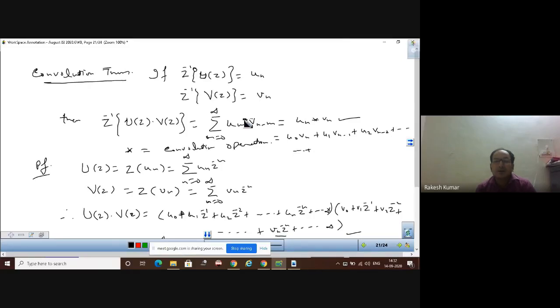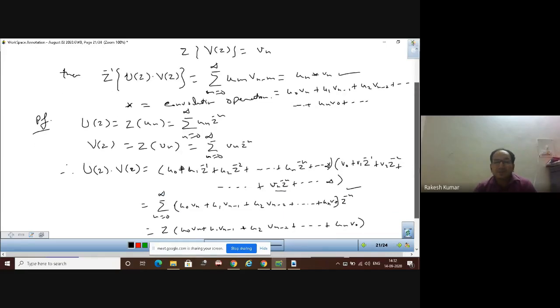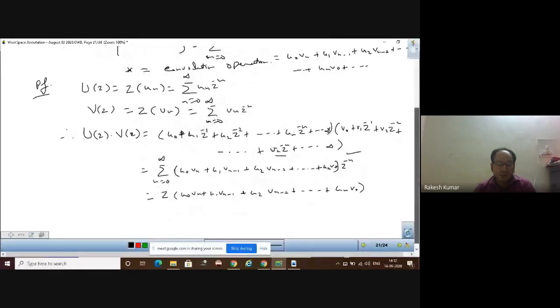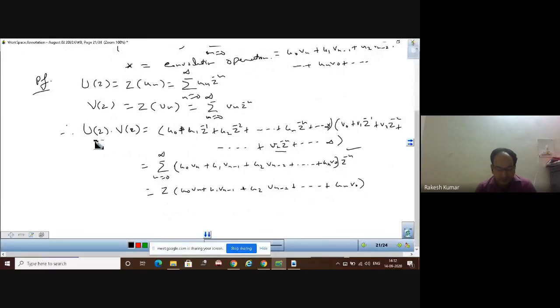And the term when we put m equal to m, we will get u_m v_0. So on, there will be more terms. We have an infinite series. So this is the theorem. This is the Z transformation. So this is the proof of the convolution theorem.